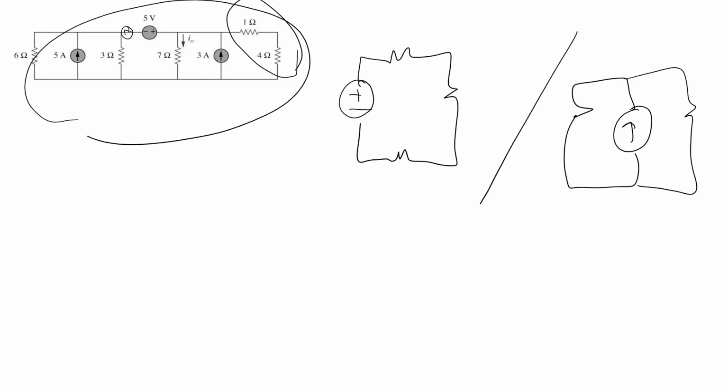Number 3 is optional. Usually if the question asks for the current passing through a resistor, like this example here, I say do not touch that resistor. Do not touch that 7 ohm. Do not manipulate the resistor. Leave it alone. That way you will find it much easier to do your transformation analysis.